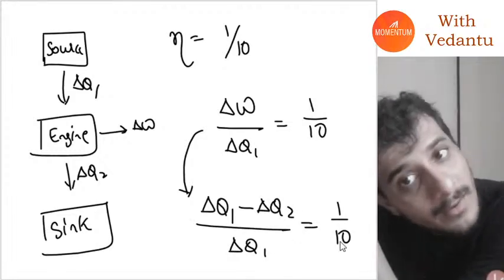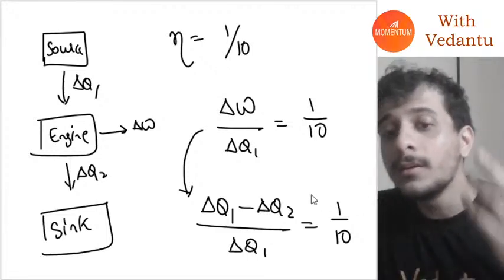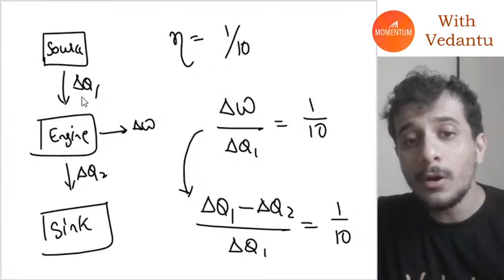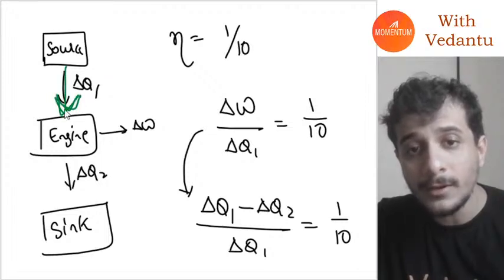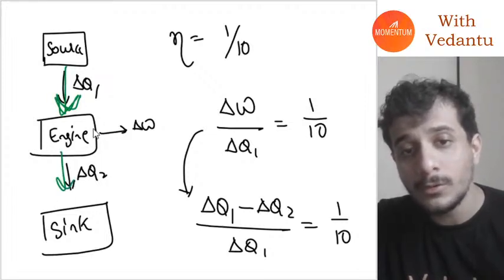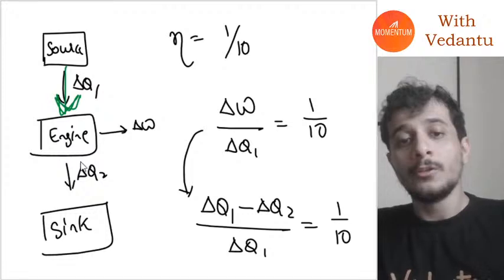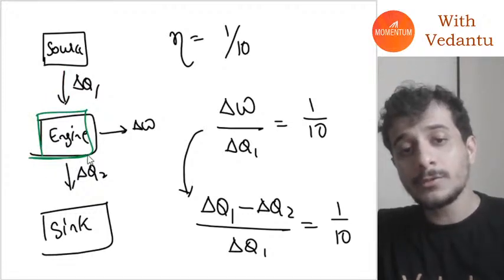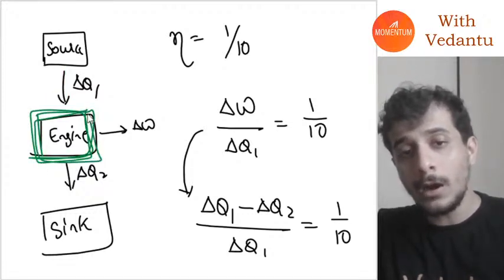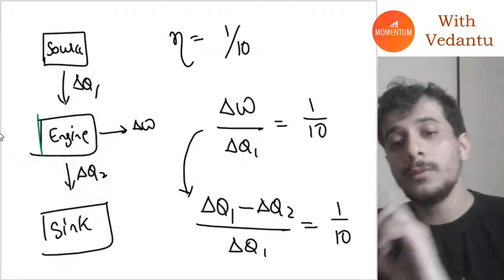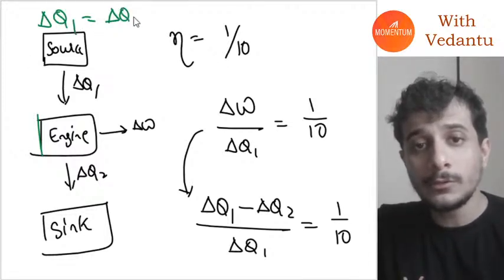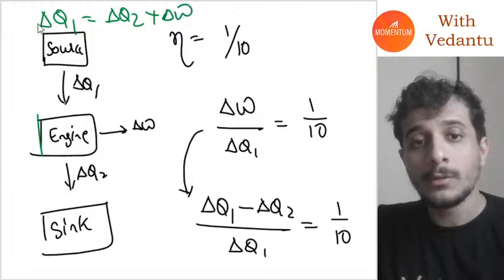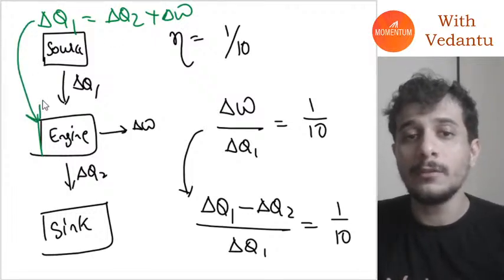How did I say this, guys? Because of the law of conservation of energy: the energy coming in is delta Q1, and the energy going out is delta Q2 and delta W. The total energy coming in should be the same as the total energy going out, so delta Q1 will be equal to delta Q2 plus delta W.